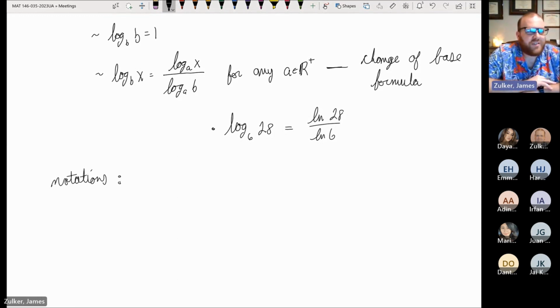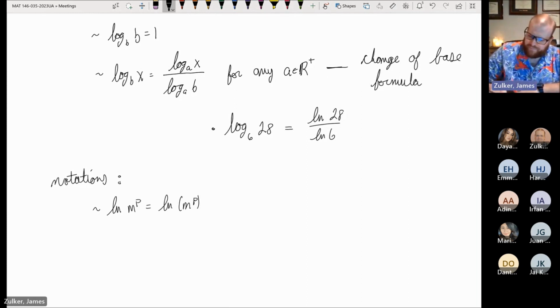Some comments on notations. This is understood that it's only the m being raised to the power. Right, it's not the entire log being raised to the power.